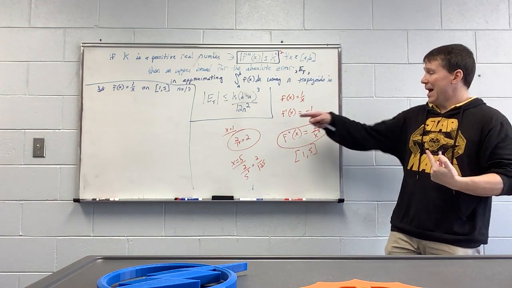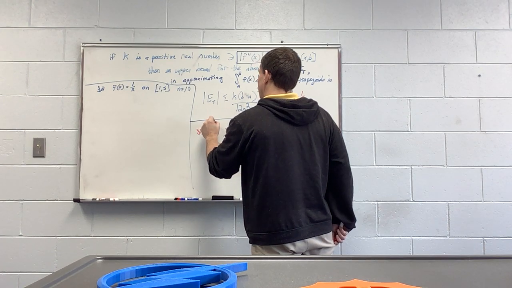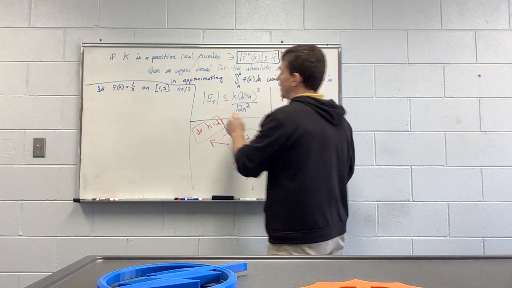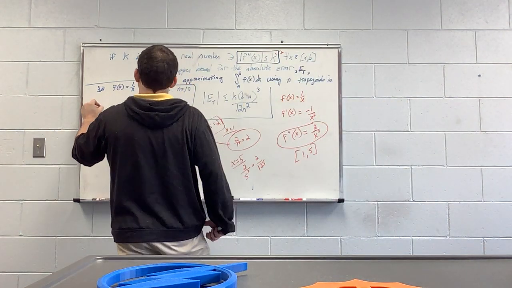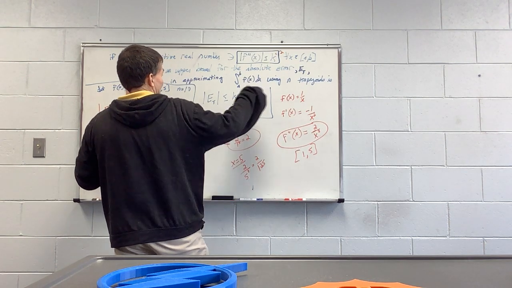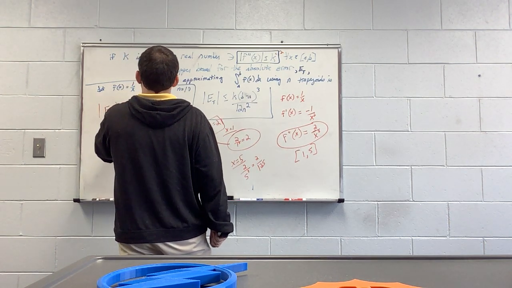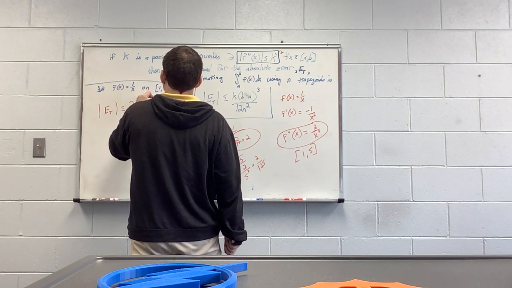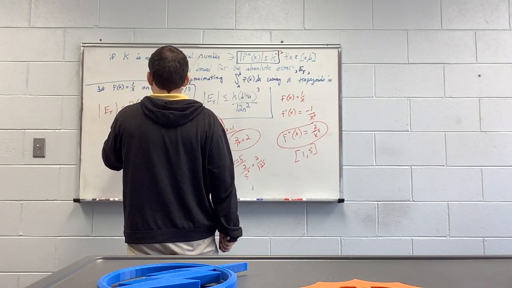So now I'm going to let k equal 2. Now I can find the bound on my error. My absolute error is less than or equal to k, which is 2, times b minus a, which is 5 minus 1 cubed, all over 12, times n, which is 10, squared.